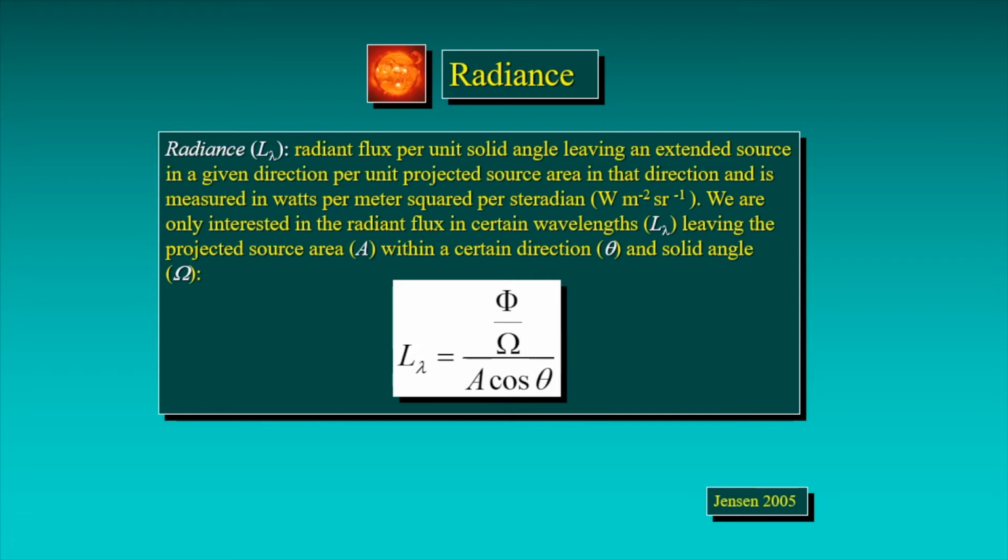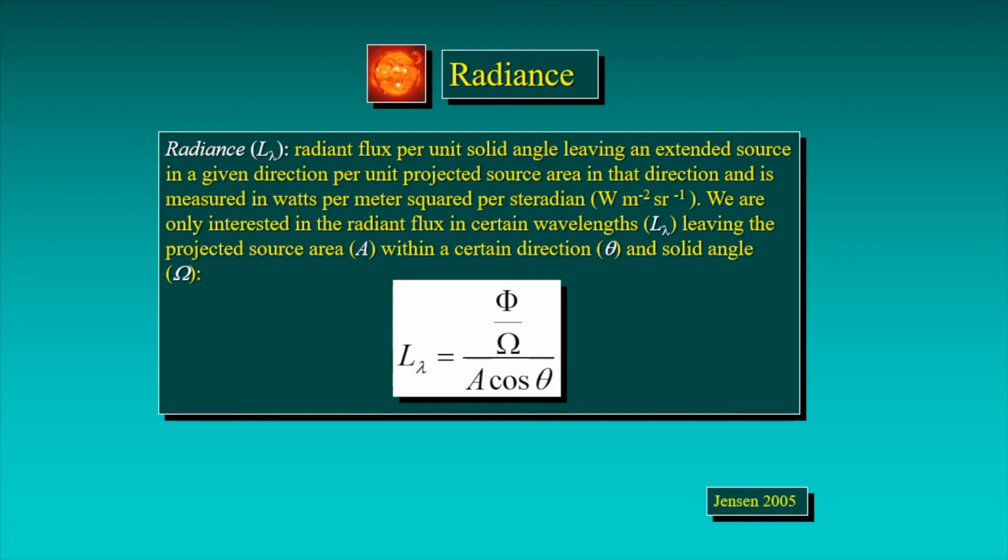Radiance, which we denote with capital letter L, is an extremely important quantity in remote sensing. And as, again, we note by the subscript here, it is a wavelength dependent quantity that we measure in remote sensing. The definition of radiance is as follows, and it's kind of a complex definition, but it's important to go through it because this is an extremely important quantity in remote sensing.